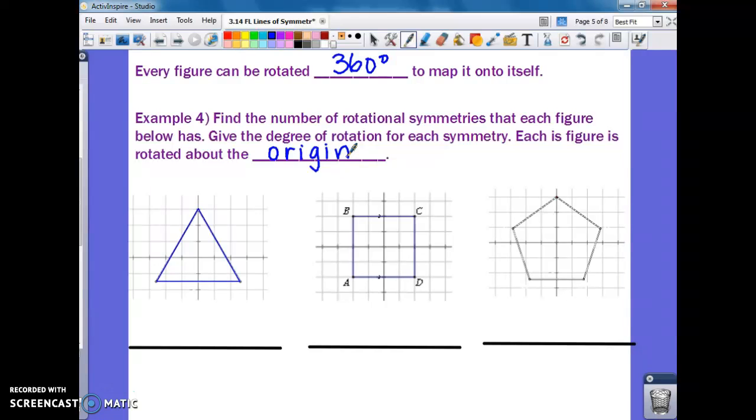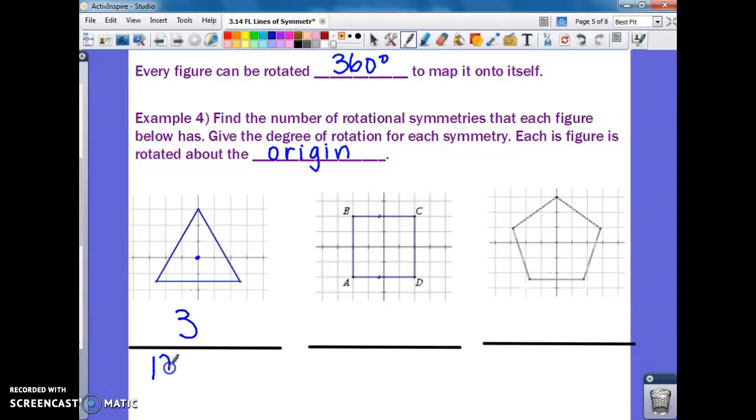Okay, find the number of rotational symmetries that each figure has below. So, here's the degree of rotation. So how many times do you think we can rotate this? Well, it looks like it has 3 vertices. I think we could probably rotate this 3 times.